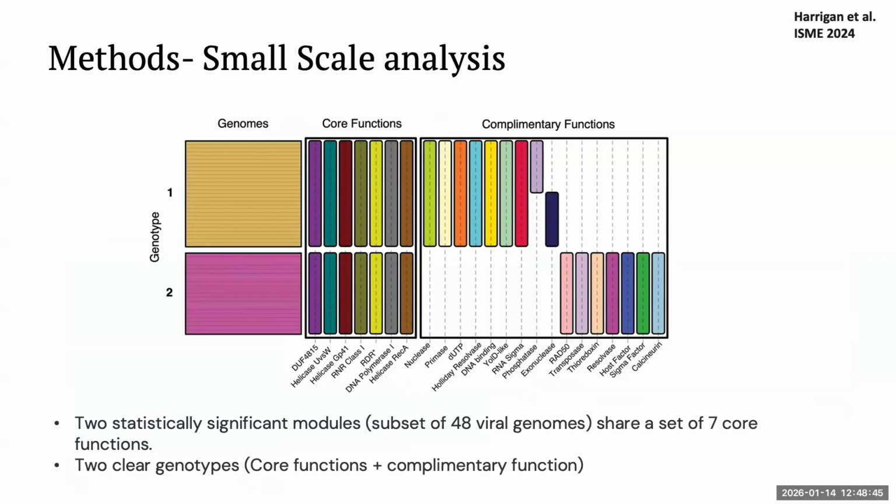These are, for example, helicase, UVSW, RNRs, RDRs, DNA polymerase, helicase. These are core functions, but then each one of them diversified in their own way. So they all contained, for example, the ingredients to build a cake, but then one had the ingredients to do icing, and the other one had ingredients to decorate the cake some different way.